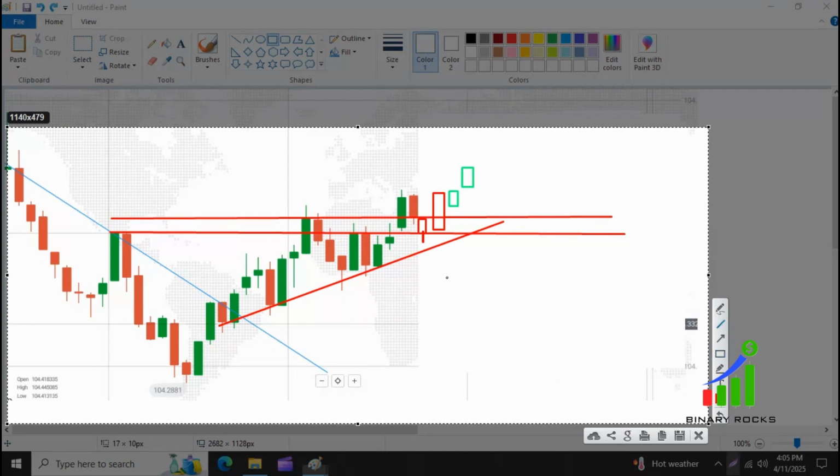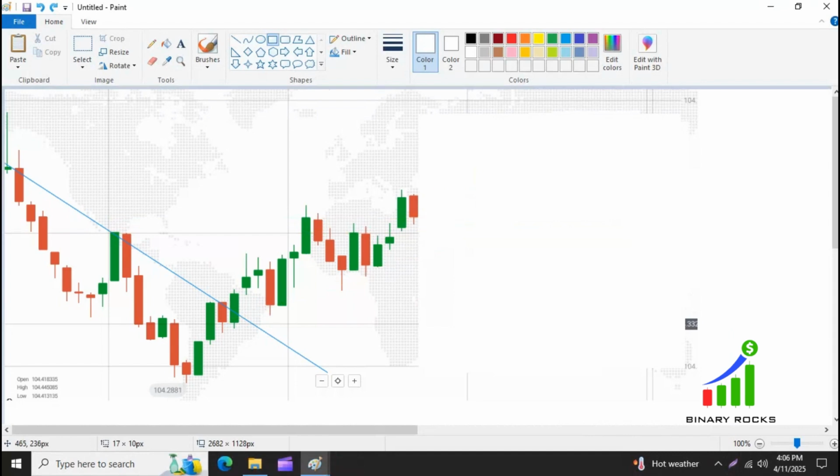Sometimes the market will fulfill the level and it could go up. Sometimes it will reverse from there itself. So I will wait in this trade because I don't have any confirmation. Sometimes it will fulfill, sometimes it will easily go up with the help of these things. So I will wait if possible.